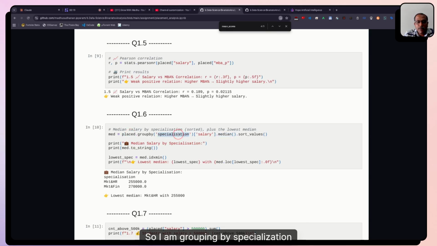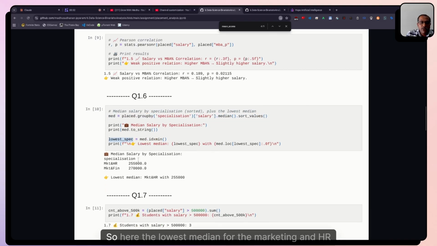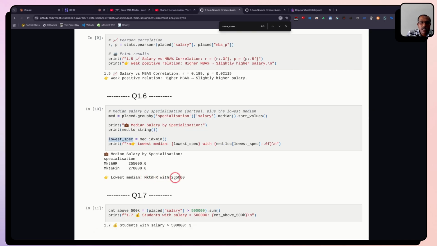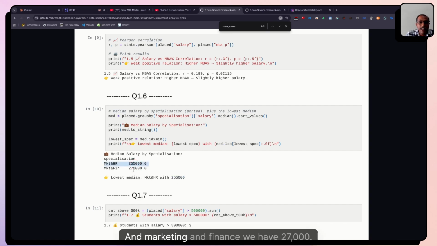I'm grouping by specialization and calculating the median for the salary column, sorting the values and printing the lowest. The lowest median for marketing and HR was 2,55,000, and for marketing and finance, 27,000.